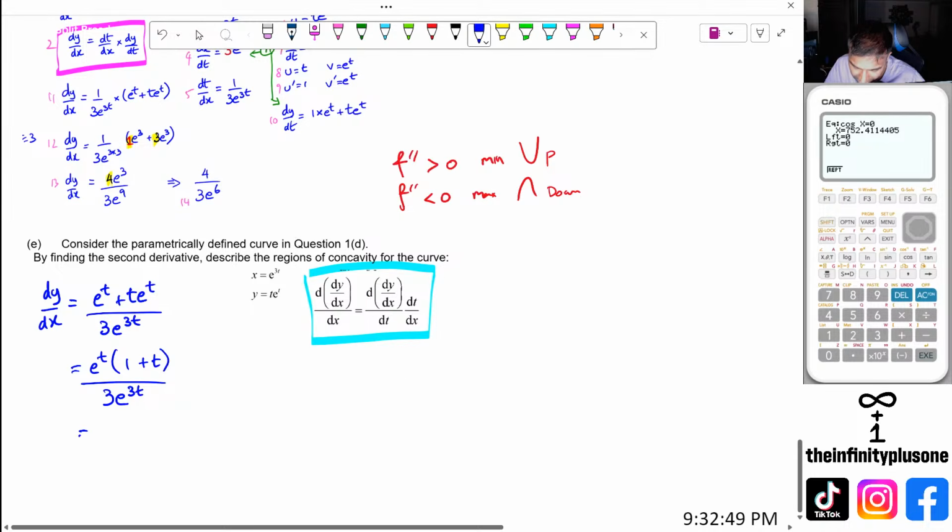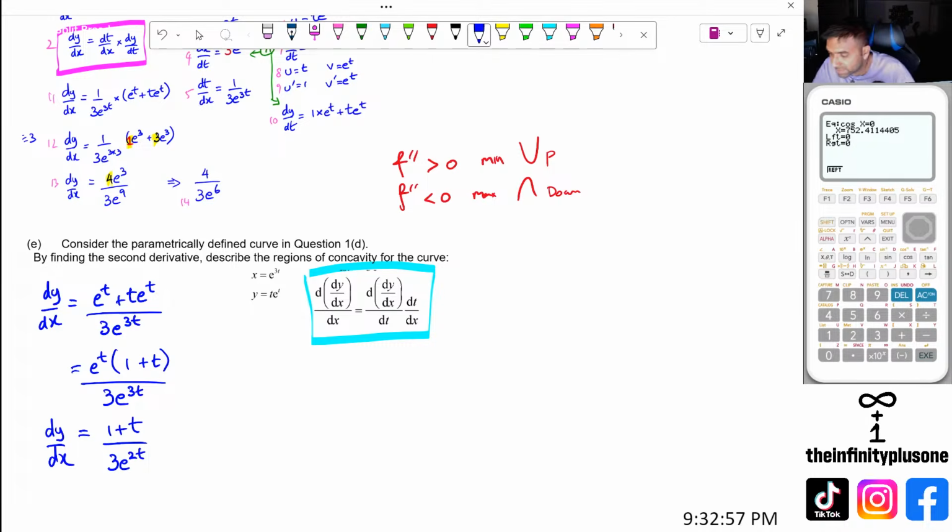So the next part is we can write this as (1 plus t) over 3e^(2t). So this is what dy dx is. Once we've got dy dx, if we want to differentiate this, if you look at the formula here, we've got this green part, we've actually got to differentiate dy dx with respect to t. So that means I need to take dy dx here.